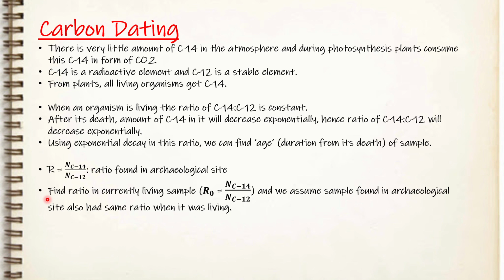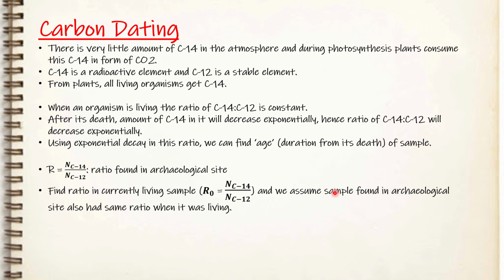So how we do it is, we find the ratio in the sample from the archaeological site. Let's say a bone. We find a bone at an archaeological site and find the ratio of C14 to C12 in that bone. Then we find the ratio of C14 to C12 in a currently living sample of a bone.